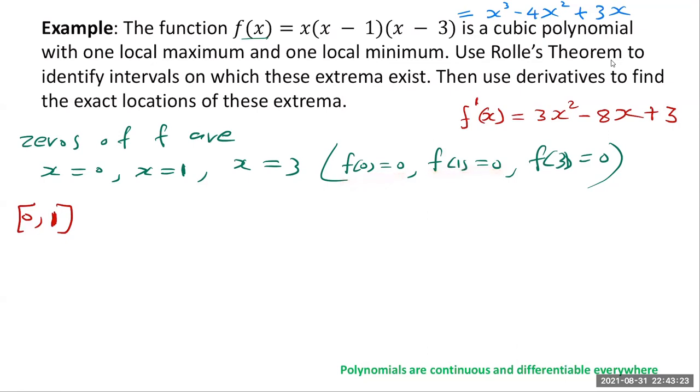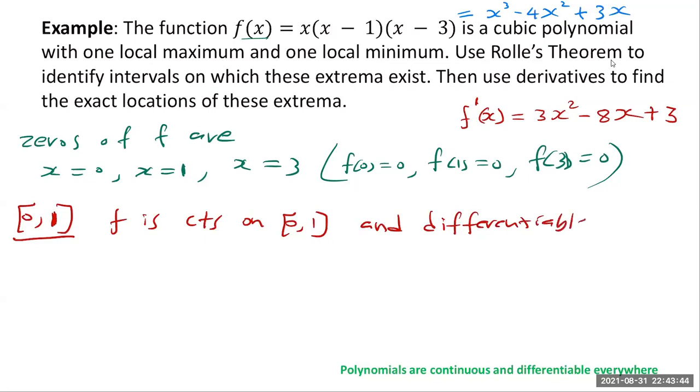And also I know that f is continuous on the closed interval 0, 1 and differentiable on the open interval 0, 1 because it's a polynomial.